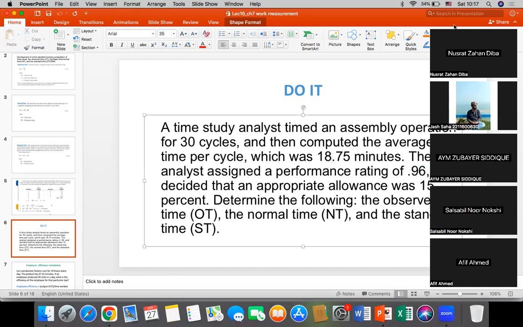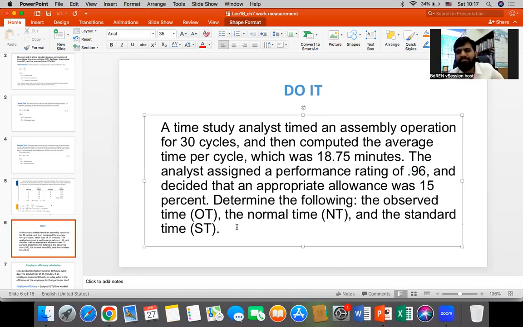And what is the standard time? Normal time multiplied by the allowance factor. Here the appropriate allowance is 15%. If the allowance is 15%, what is the allowance factor? 1.15. So multiply by 1.15.